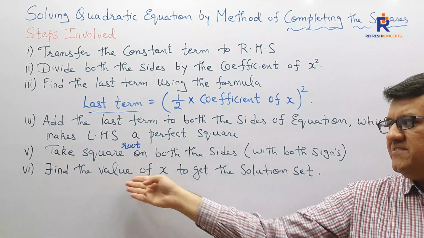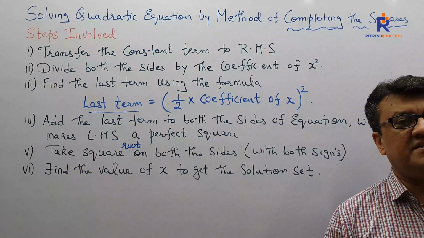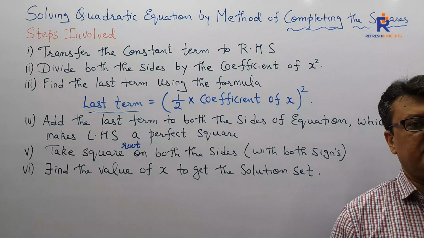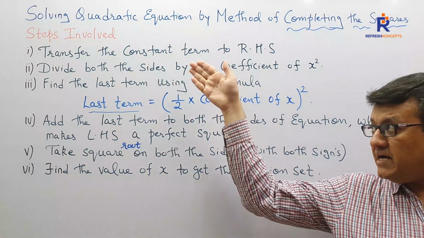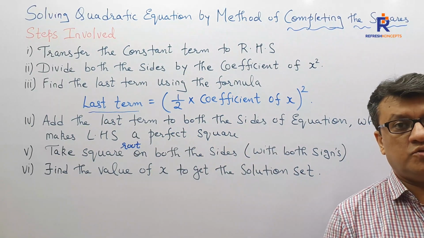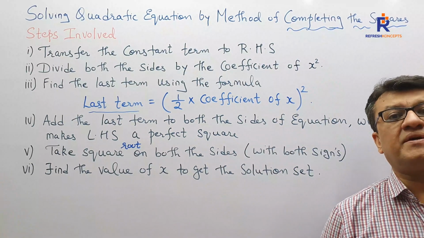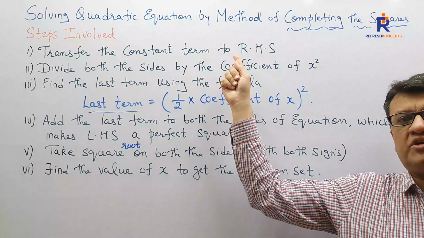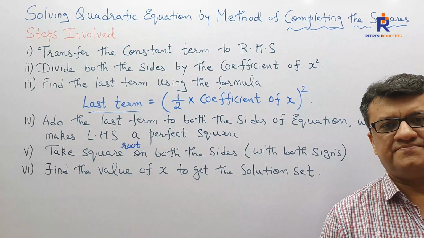And finally, find the value of x to get the solution set. Children, refresh this, revisit this, unless and until you know by heart all the 6 steps, you keep on memorizing this. Why? The moment you know these 6 steps, every single sum of completing square, that is solving quadratic equation with the help of completing square method, is very, very simple, right?